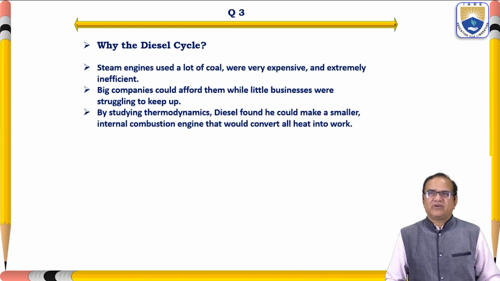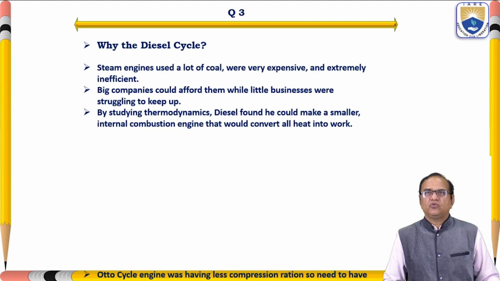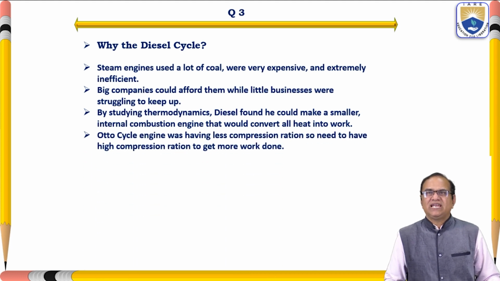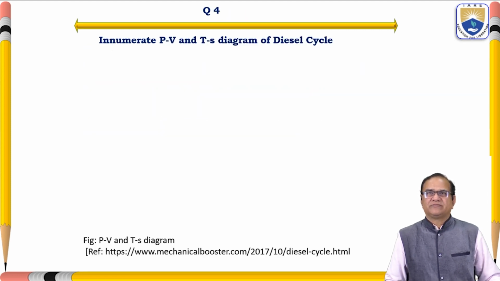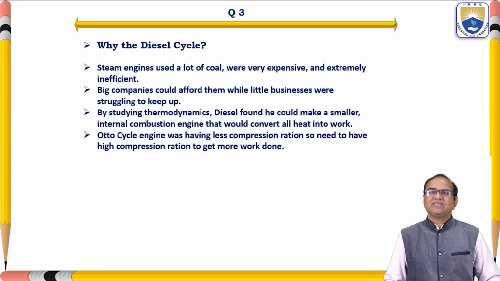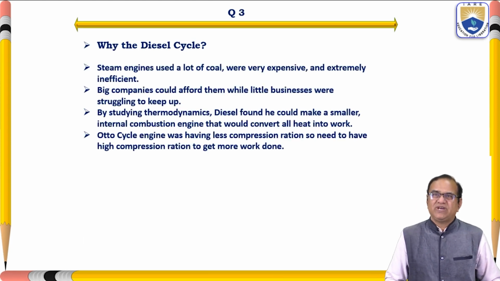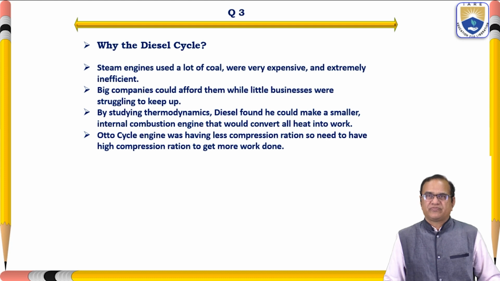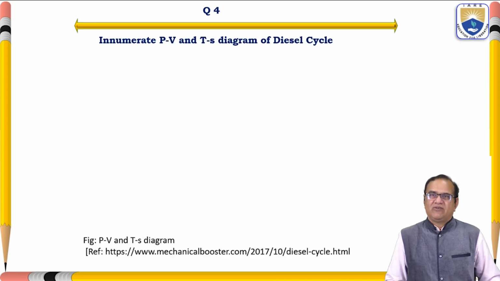By studying thermodynamics, Diesel found that he could make a smaller internal combustion engine that would convert all heat into work. The Otto cycle engine had a low compression ratio, so a high compression ratio was needed to get more work done. That was the reason the diesel engine was developed.